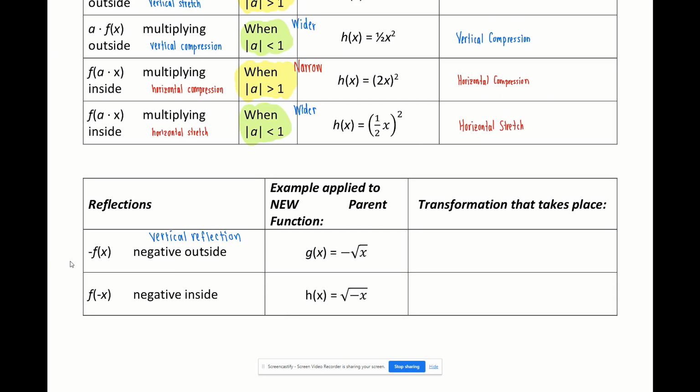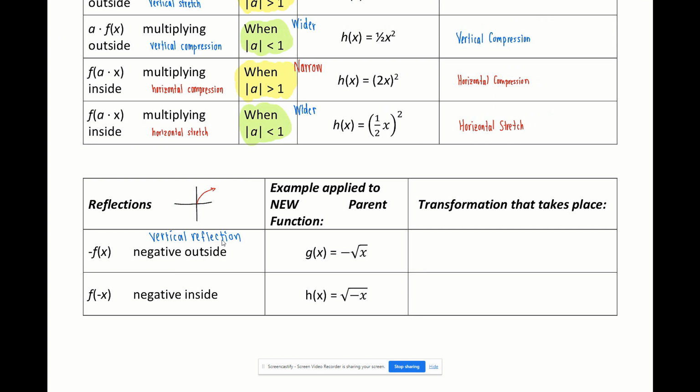Okay, if I have a coordinate plane here, there's my y-axis, there's my x-axis, and I have some figure drawn. Let me draw a square root function, something like this. Now, listen. If this negative happens outside, that's a vertical reflection. Well, what does a vertical reflection mean?